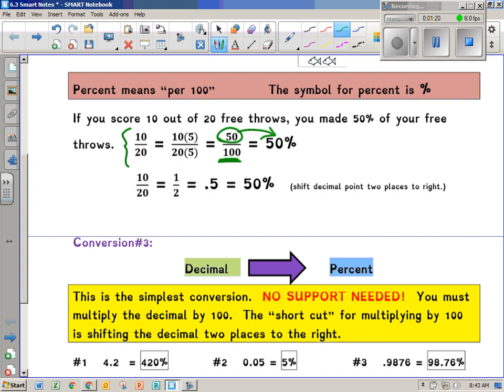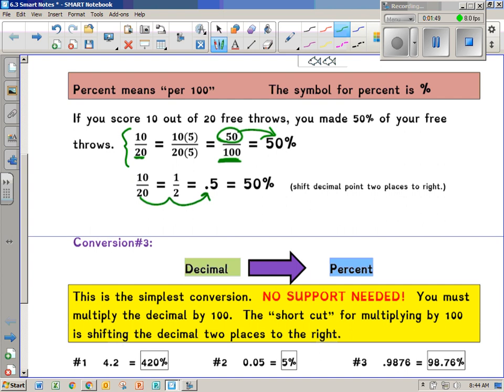I don't always have to do that, and you can see sometimes it wouldn't be convenient. If the denominator were not a factor of 100, that method wouldn't work very well. So another alternative is to convert your fraction to a decimal, which we've already talked about doing, with long division sometimes, and then per 100, it's like you're multiplying the fraction by 100.